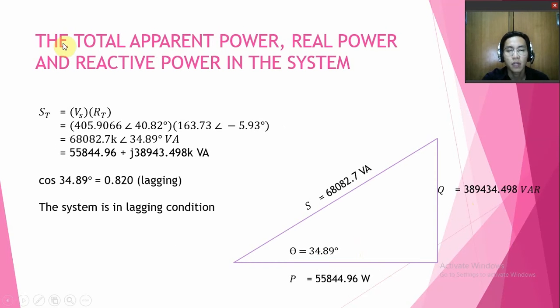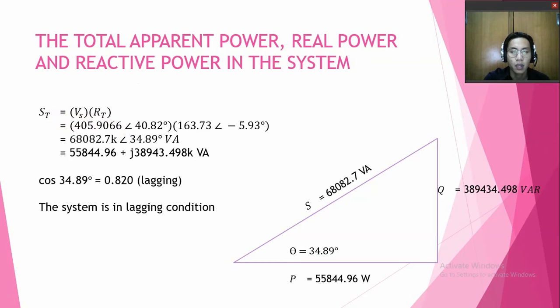So the next step is to calculate the total apparent power, real power and reactive power in the system. From the previous calculation, we already have the real power and the reactive power.